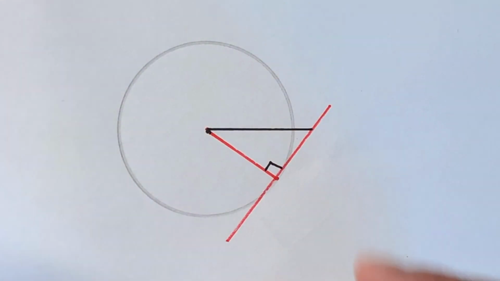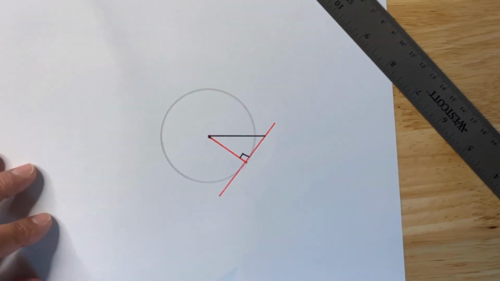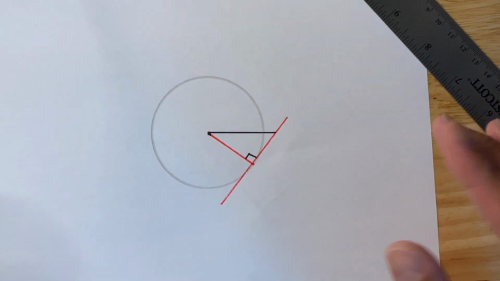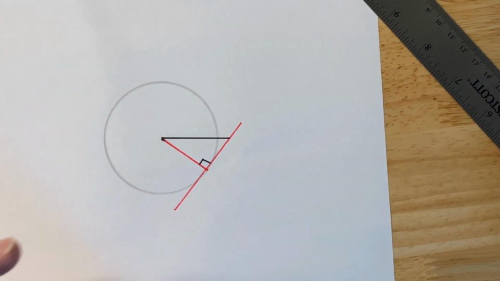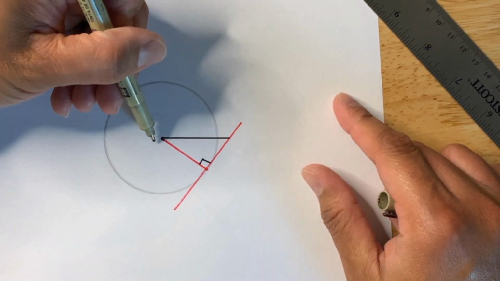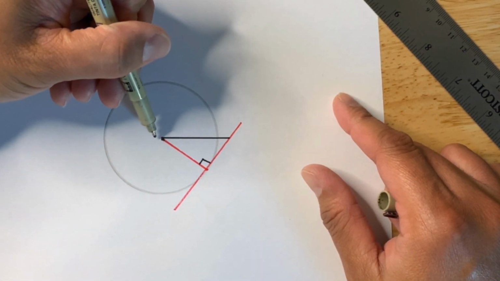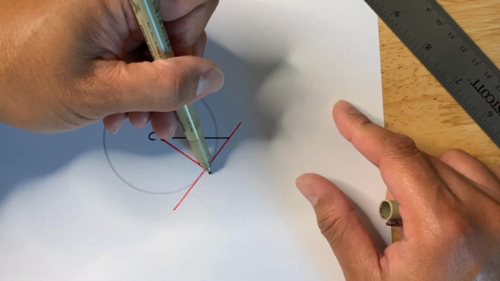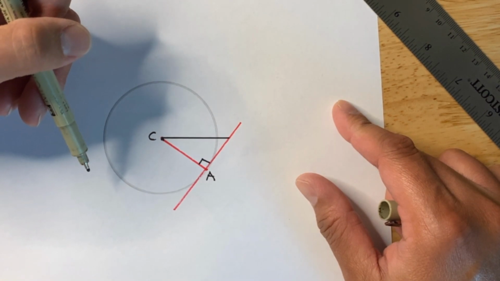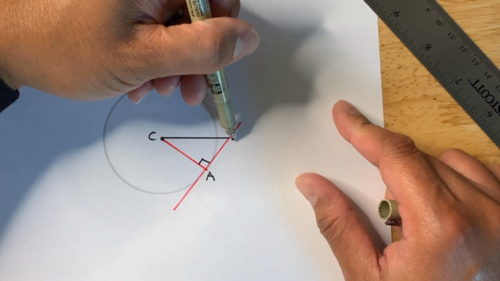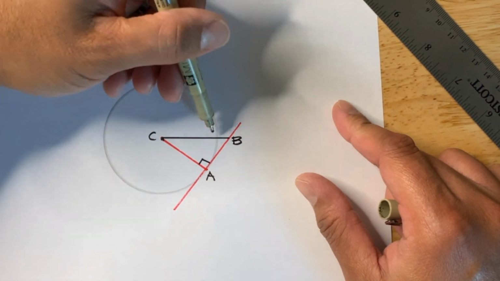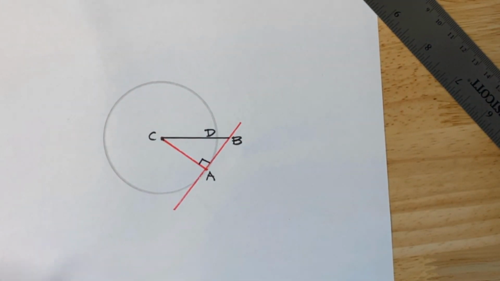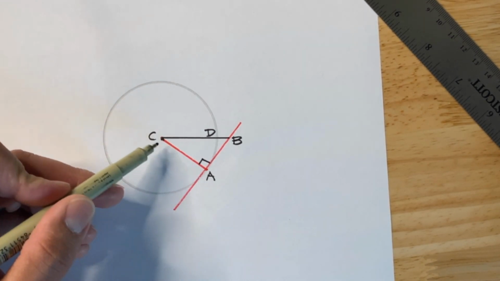Alright, so for those of you guys that want a formal proof, here's a technical proof, the mathematical proof for this. So if I label this point our center, actually I'm gonna label it C for center. I'm gonna call this point right here A. I'm going to call this point over here B, and I'm going to call this point right here D. Okay, so we've got CA, which is a radius.